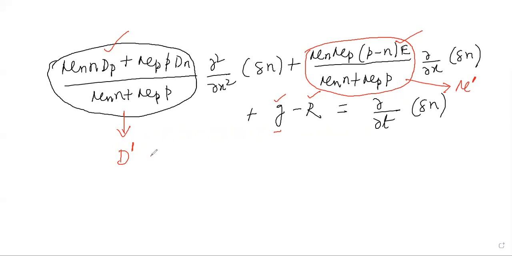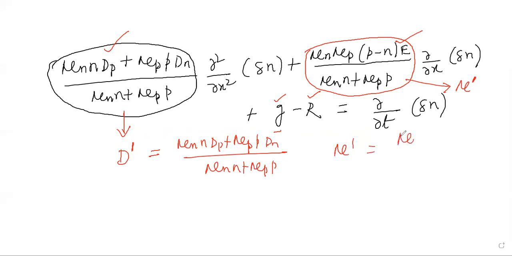So now if you'll write, this D dash I can write as μn Dp plus μp Dn, whatever you can see as the coefficient of ∂²/∂x² of Δn, divided by this μn plus μp, right? Similarly, μ dash can be written as μn μp and (p minus n) divided by μn plus μp, right?